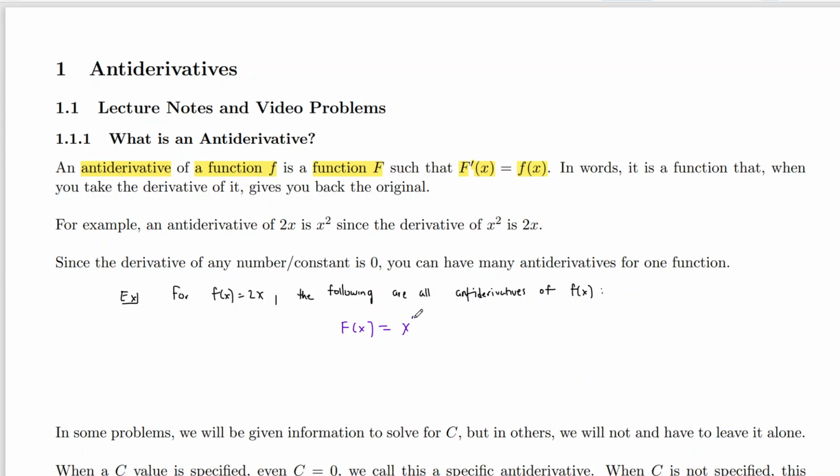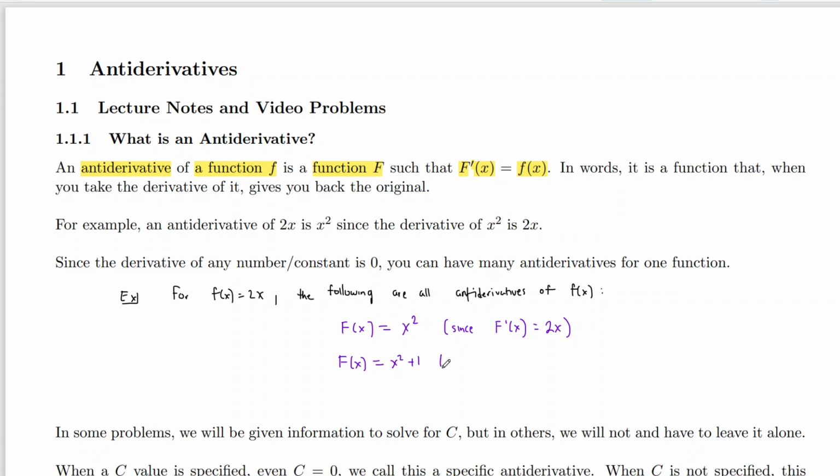The one that we described above is x squared. Since I didn't actually do it out, I'll write here that the derivative of this capital F, x squared, is 2x, and it matches the original f of x. So it's an antiderivative. What happens if I just do x squared plus 1?